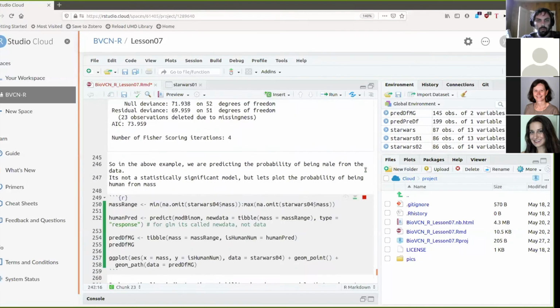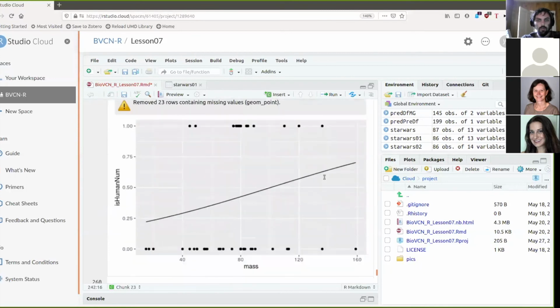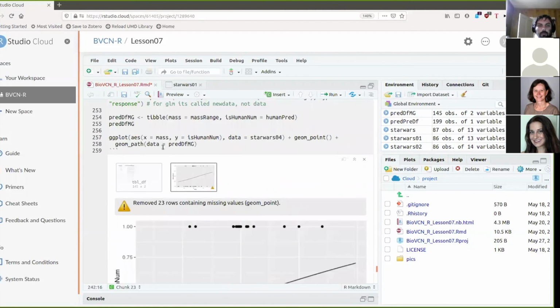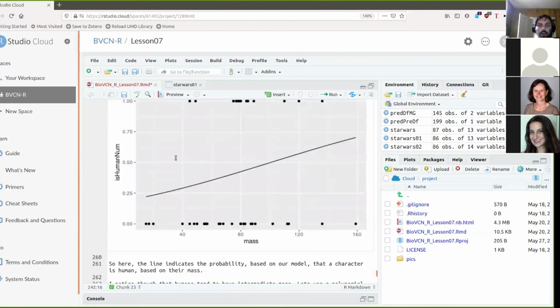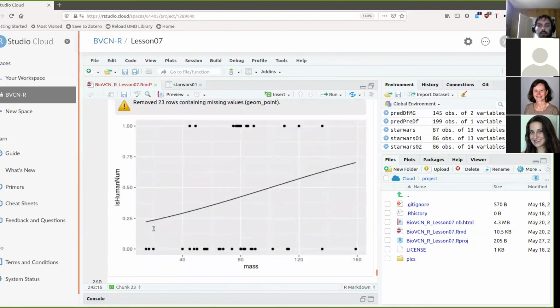I wonder what I did here. So this is the output, right? I did the same prediction function that we did before, and here we have humans up here, non-humans down here, and this line is the probability that a character is human as the mass changes. So characters over here are more likely to be human, and lower mass characters are less likely to be human.